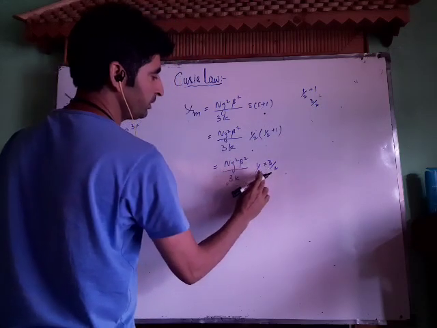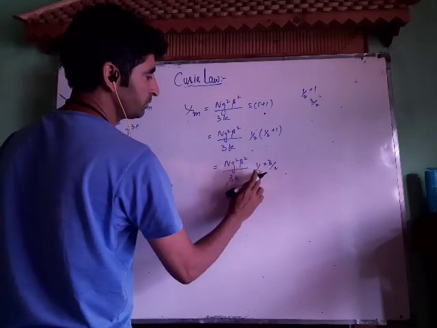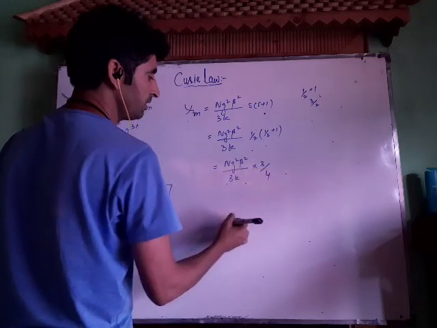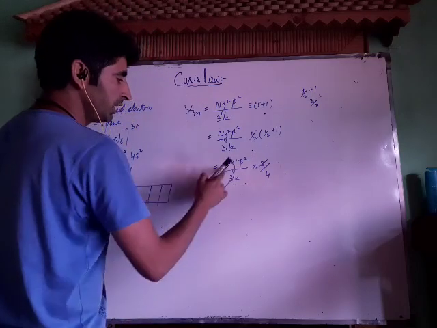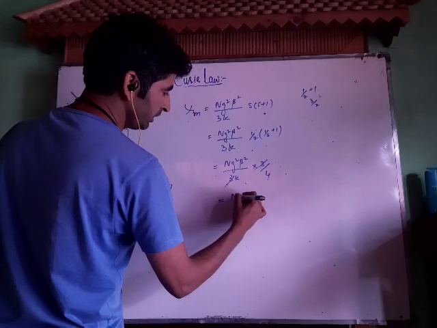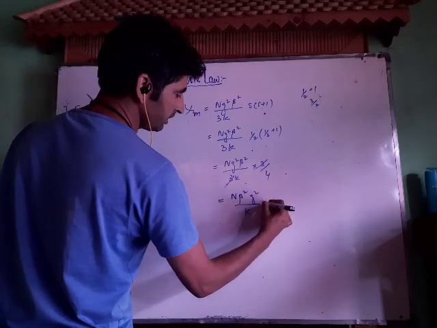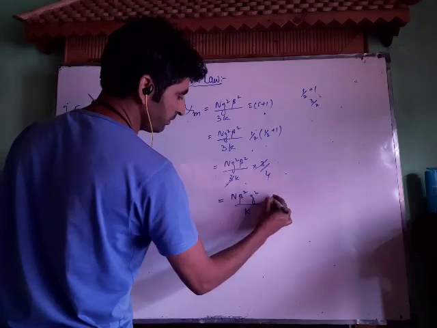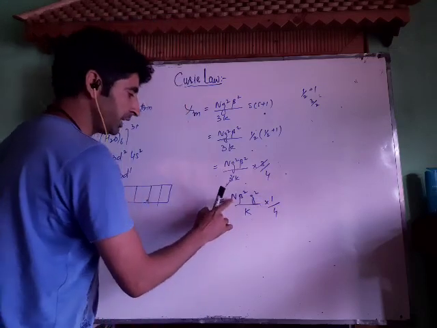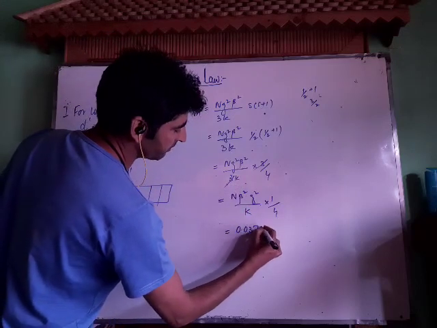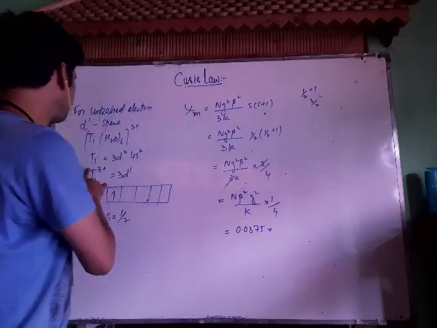Now 3/2 into 1/2: 3 ones are 3, 2 twos are 4. It becomes 3/4. Now solving this, the 3s will go, and we will get N β² g² upon K into 1/4. Now we know that Nβ² upon K is equal to 0.0375, into g.